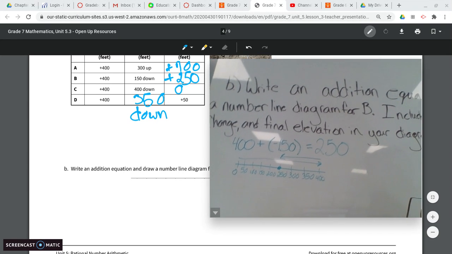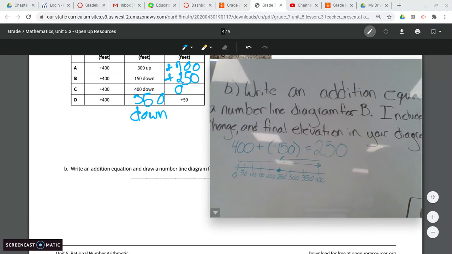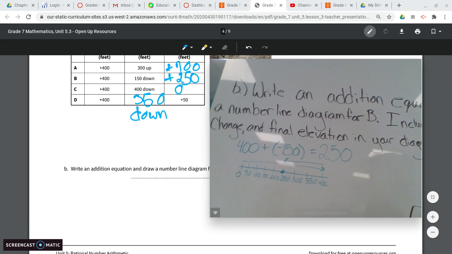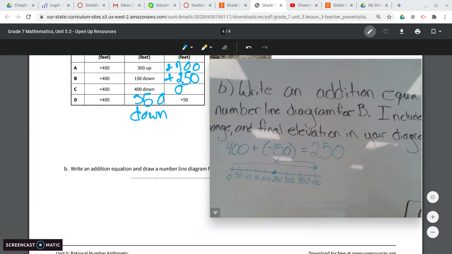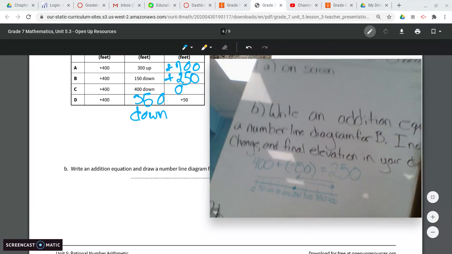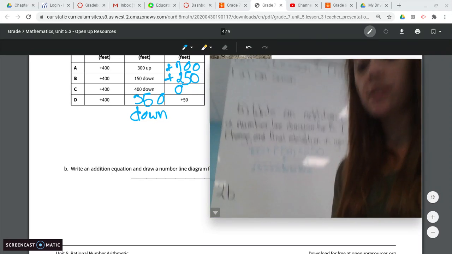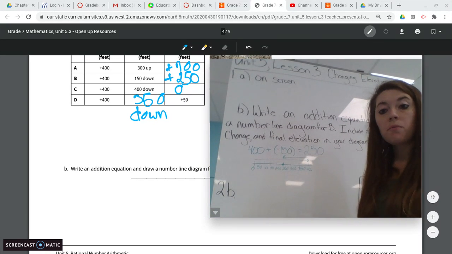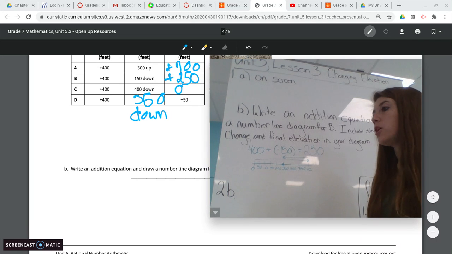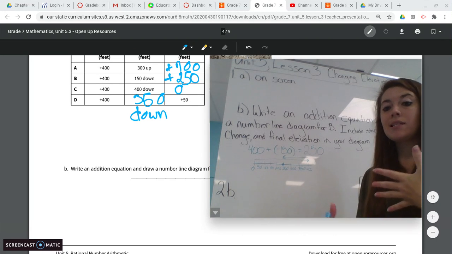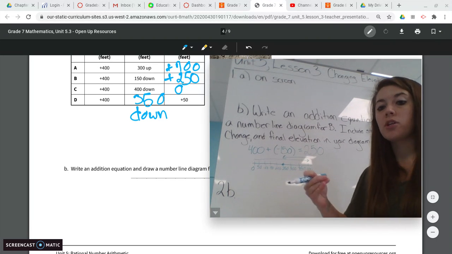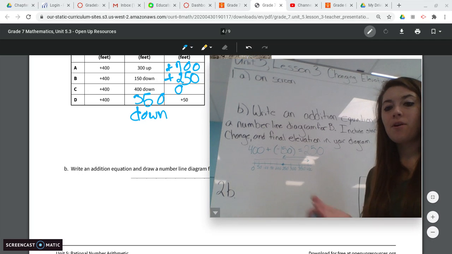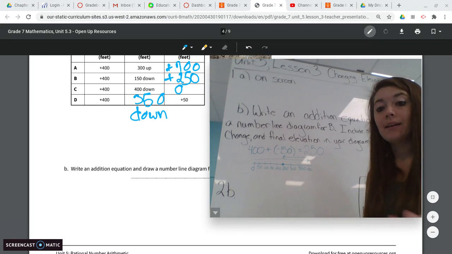Sometimes that can help in visualizing what's happening and figuring out what the solution should be if you get confused. If dealing with these negatives is tricky, negatives do make things more complicated. Seeing addition, you think, I'm going to get to a larger number, but we're adding a negative number, so we're actually subtracting.